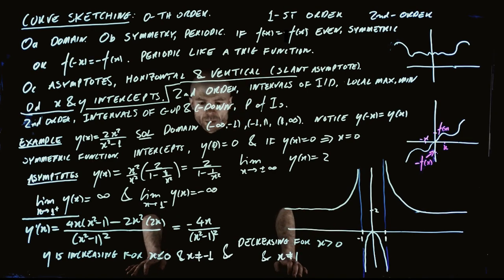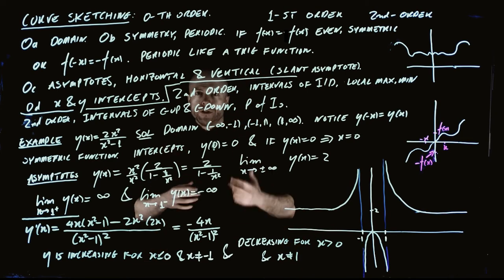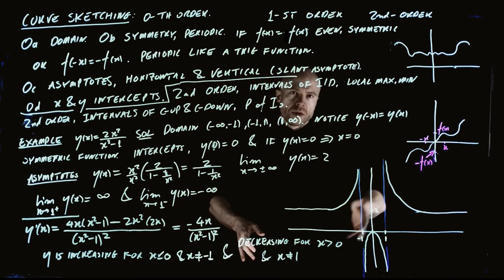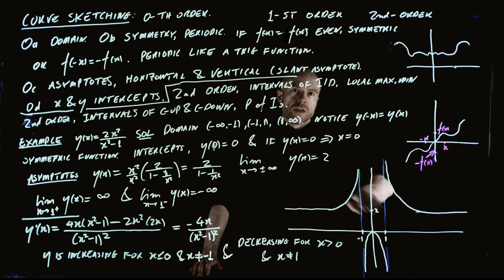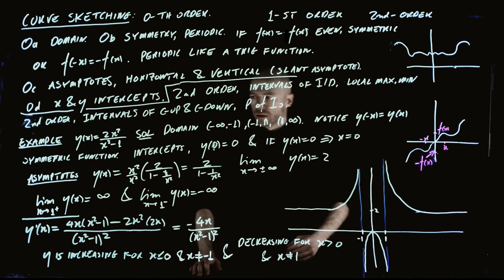Right? But since you've paid more attention and you've realized it has vertical asymptotes, it's not defined at minus 1 and 1, then sure enough, it can be increasing, and everything can fit together, and it makes sense.